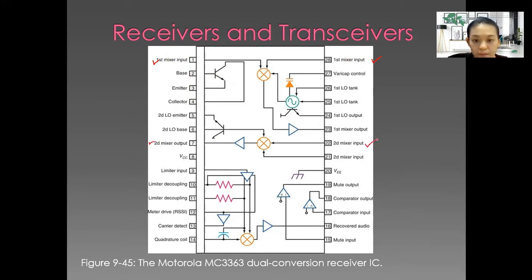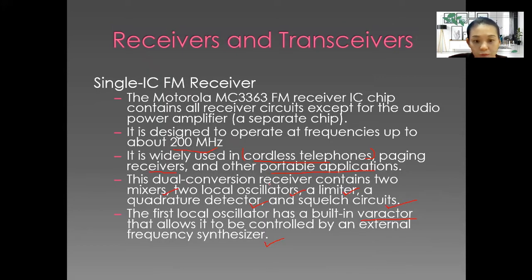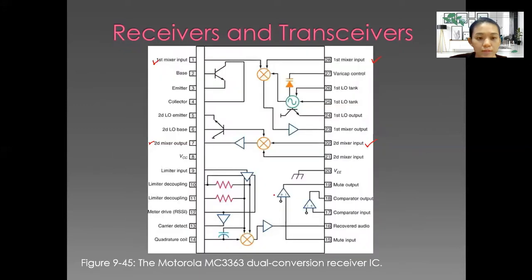Just now you see in here we have two mixers, first and second, and we also have two local oscillators. This one is the first tank LO, and the second one, second LO base, second LO emitter. LO is local oscillator.